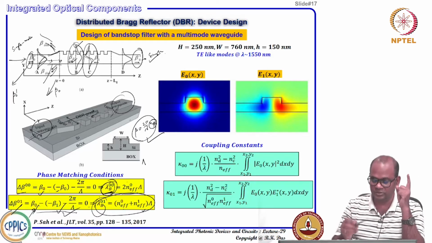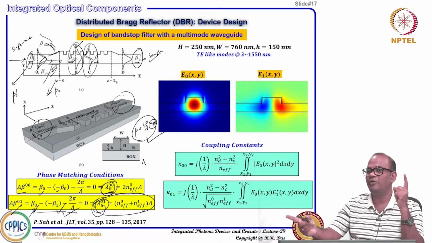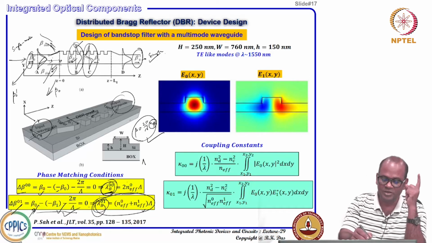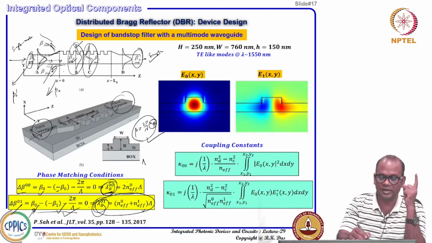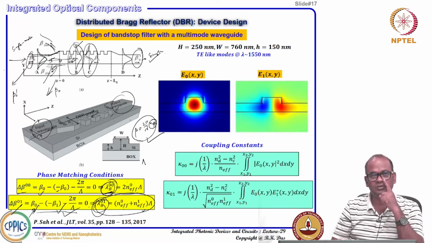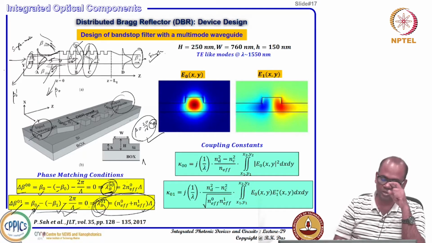If you are using a certain wavelength, it will be missing in the forward direction, and it will also be missing in the backward direction because of the waveguide filtering, because when it comes in the backward direction, the single mode waveguide cannot support the first order mode. So that type of application we can also think of.